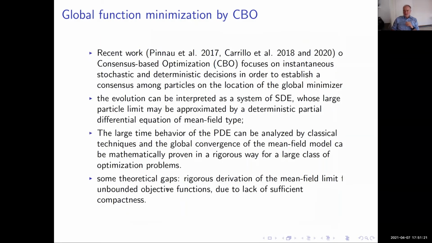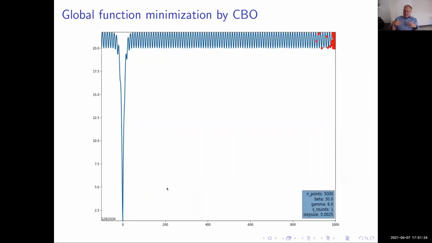Here, instead, starting from far away, a very large group of particles would allow you, nevertheless, in a reasonable time, to detect where the global minimizer is, and eventually all the particles would agree on that and converge to this global minimizer. This is a really remarkable, impressive fact. The question is how scalable it can be. Can we scale it to very high dimensional problems, make it work there, and have some proof of convergence? This is the fundamental question that we would like to address.